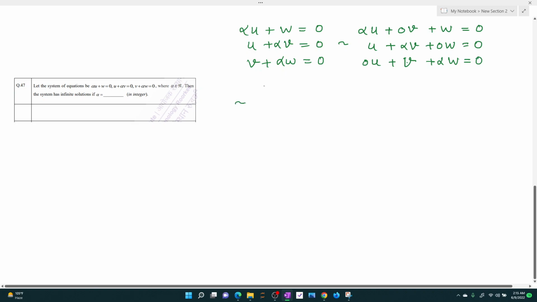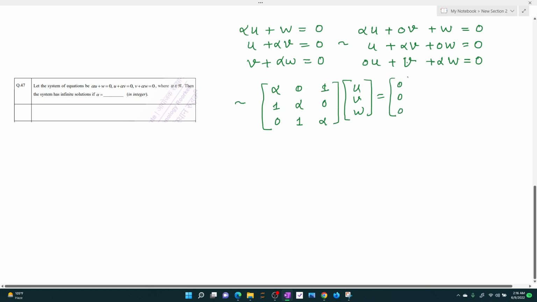So in matrix form, this can be written something like this: alpha 1 0, 0 alpha 1, and then 1 0 alpha, right? And this multiplied with u, v and w equals 0 0 0.